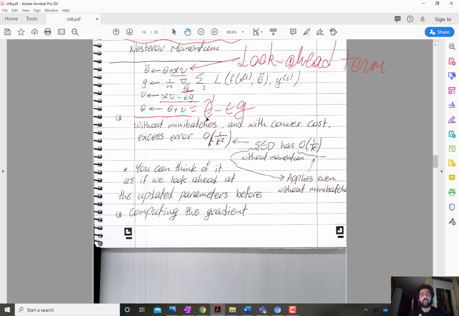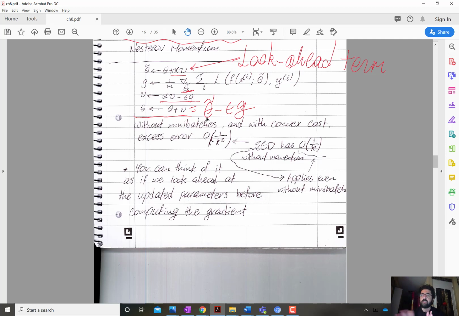Now the advantage is that there is actually a theoretical proof that the excess error with a convex cost is order 1 over k squared, even if we are not using many batches, so even without the stochastic aspect of gradient descent. And remember that SGD with a strongly convex cost can only have a linear, order 1 over k, decay of the excess error.